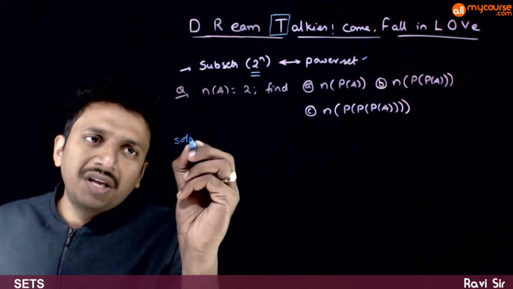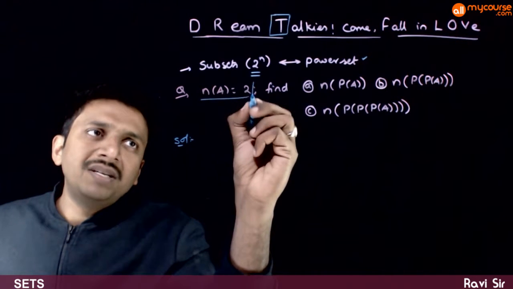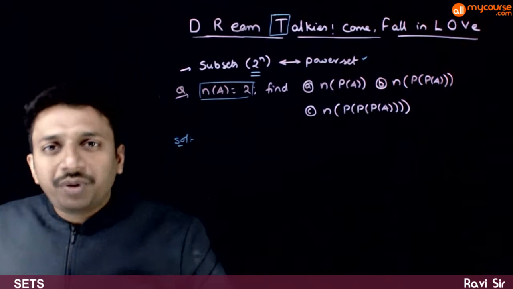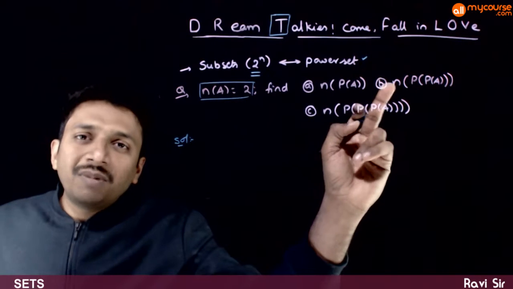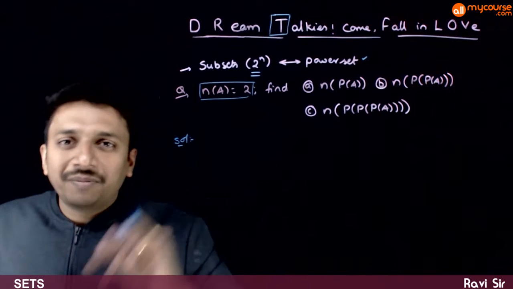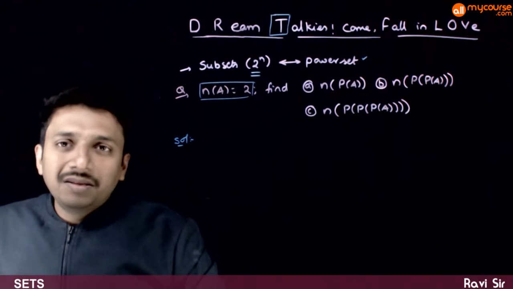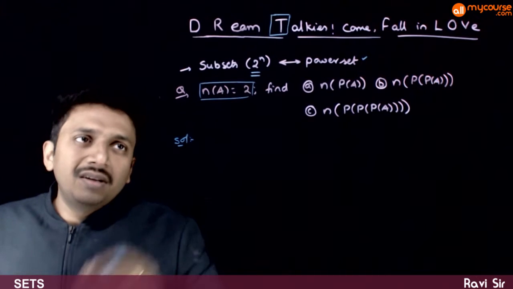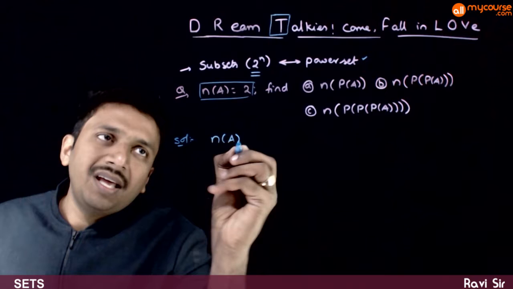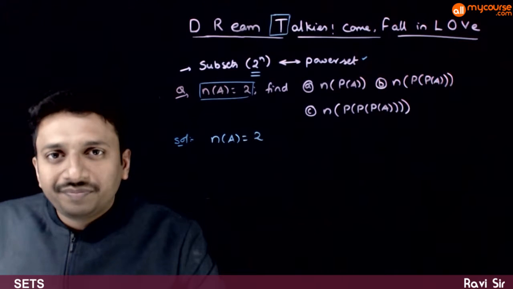In this question you are given that the number of elements in A is 2. What is the number of elements in P of A? Let us try to analyze this. The number of elements in A is equal to 2.